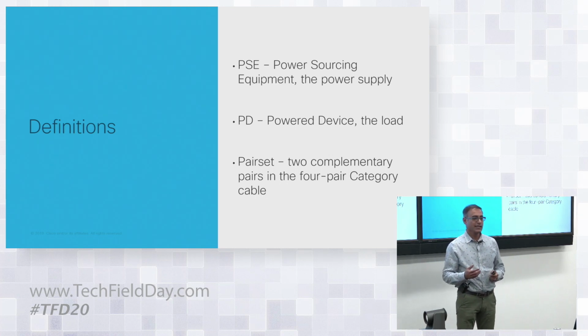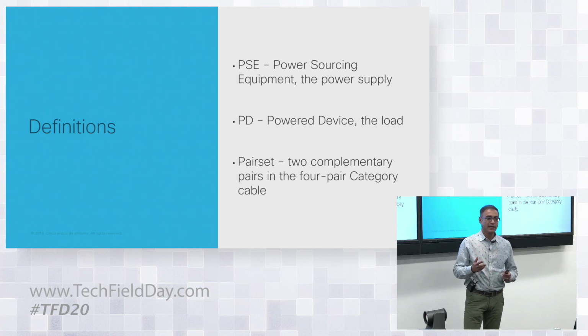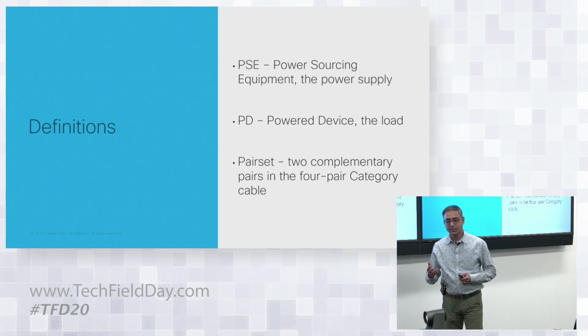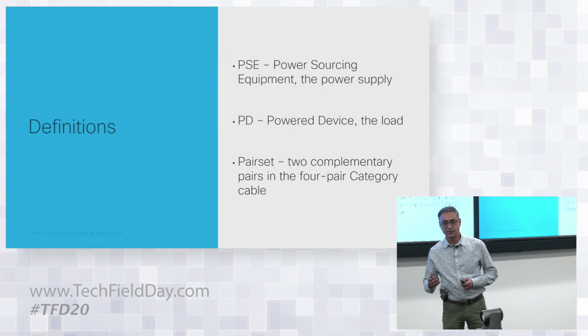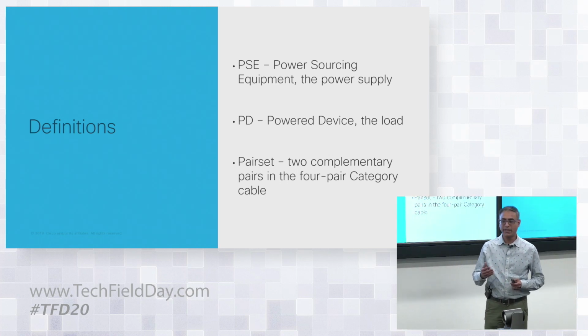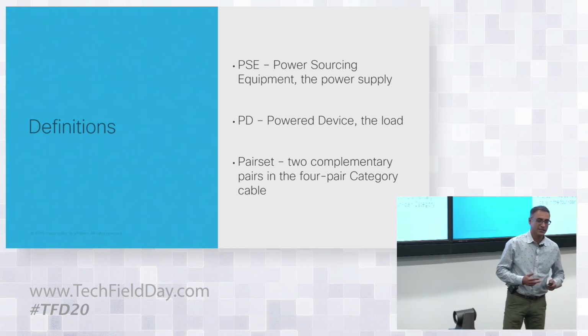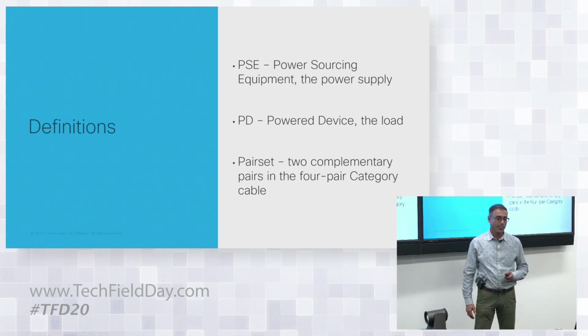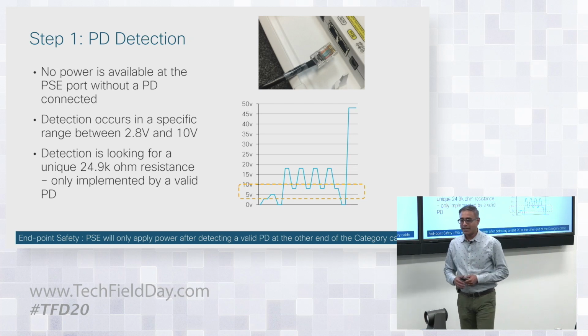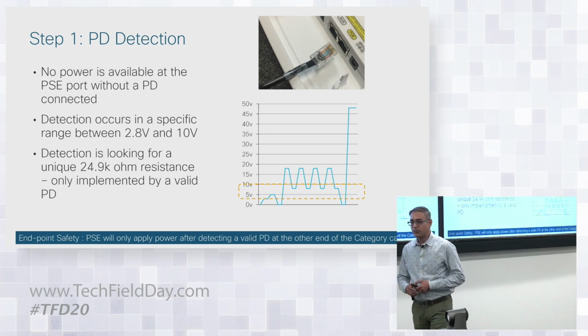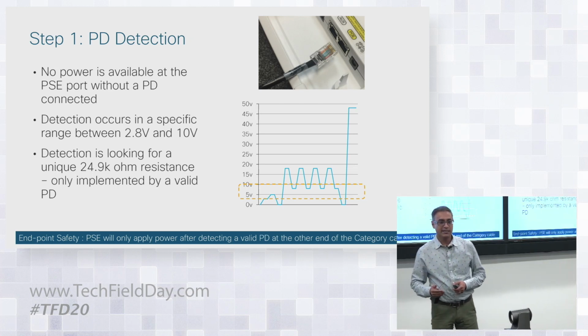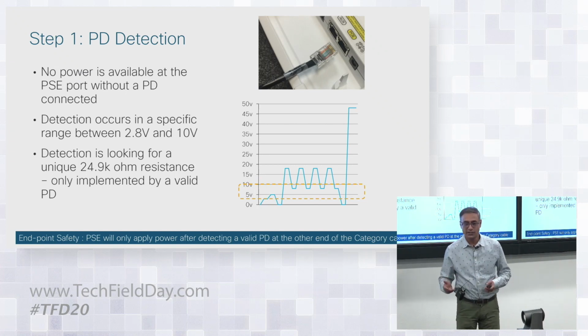And a pair set is essentially a pair of strands that form a category cable. So a category cable has 4 pairs, and a pair set is a couple of those pair strands.